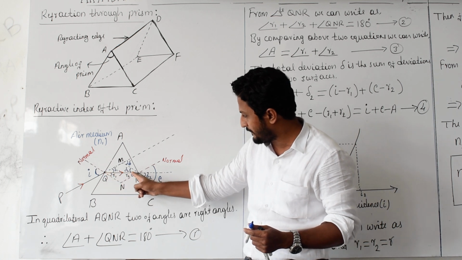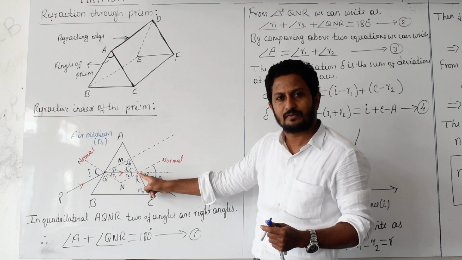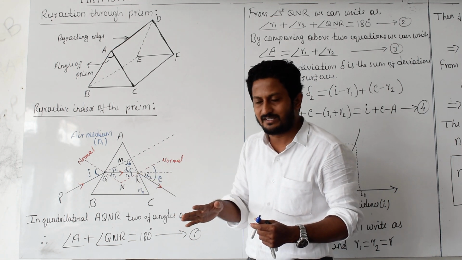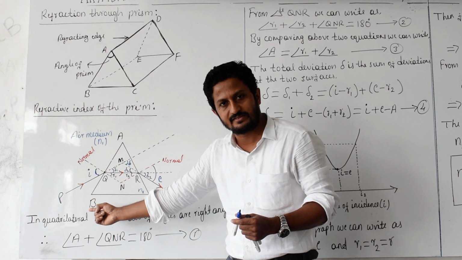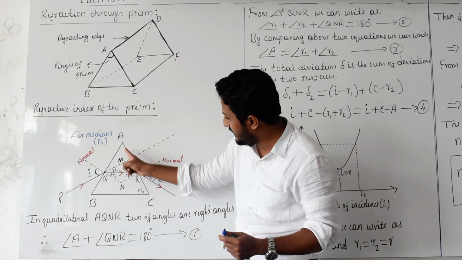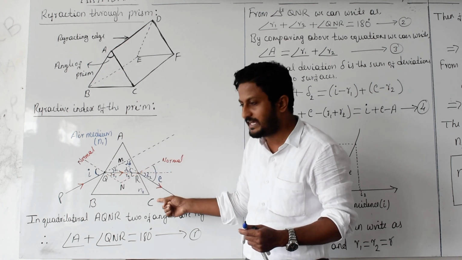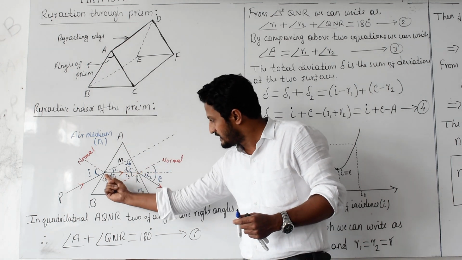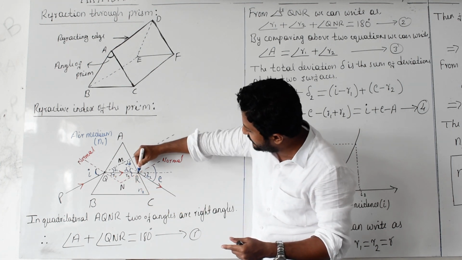This is QR. That QR is the refracted light ray for the AB surface, and it acts as the incident light ray for the AC surface. This light QR is going to strike the AC surface here.